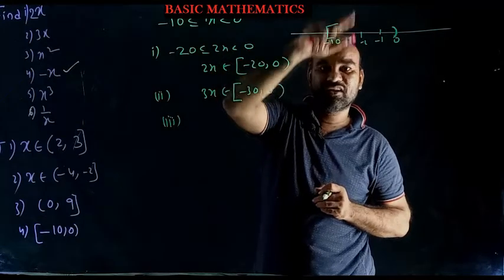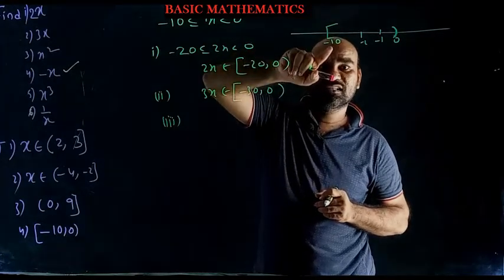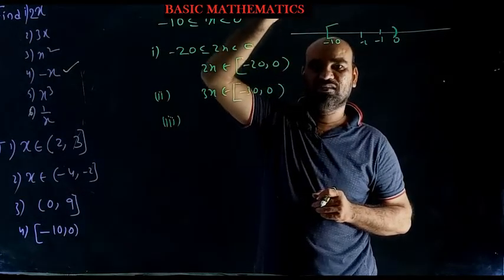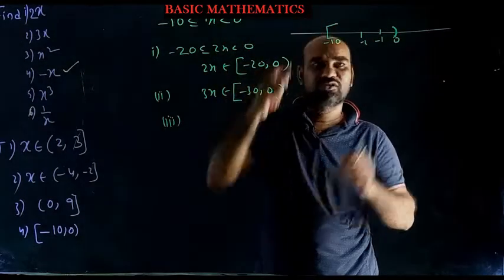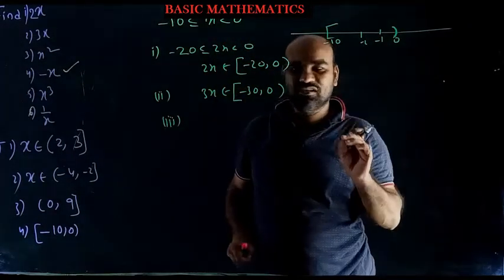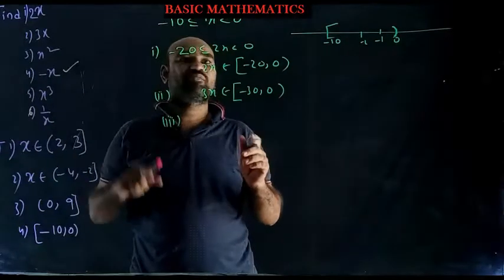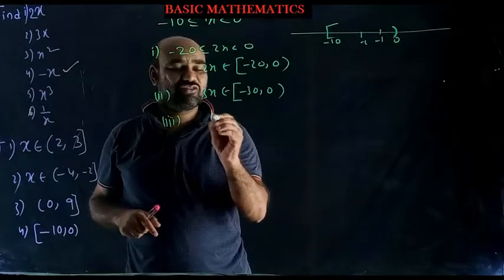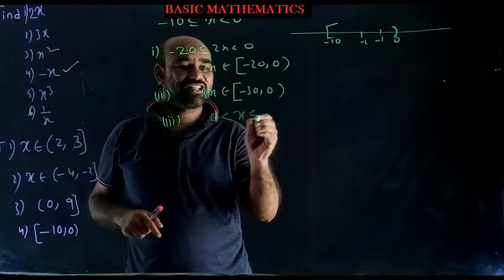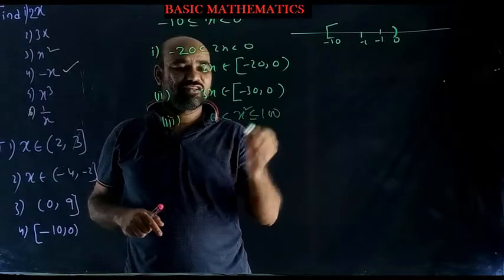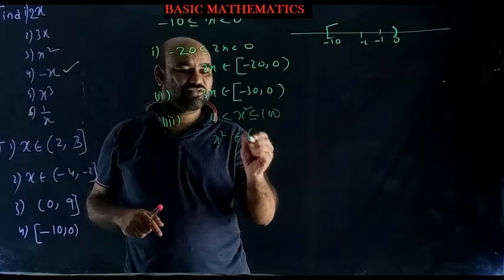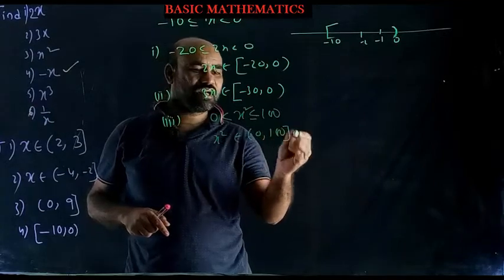Minus 9 squared is 81. Minus 10 squared is the bigger one. The smaller is 0 squared, but 0 won't be included, though numbers to the left of 0 will be. That's why, squaring all the real numbers, 0 less than x square less than or equal to 100. So I can say that x square belongs to open 0 to closed 100.